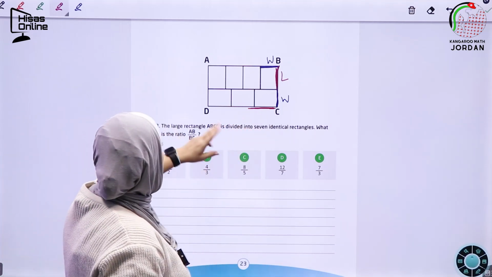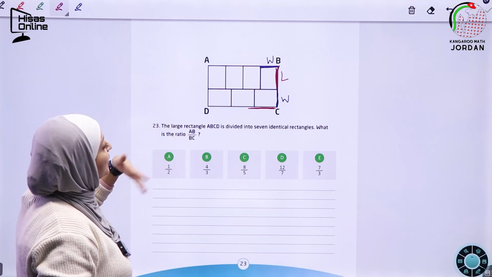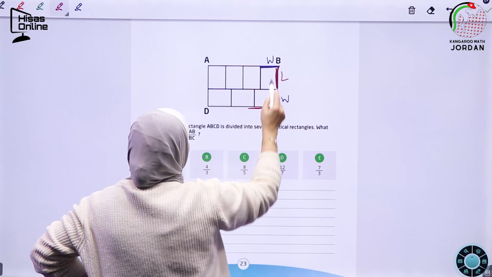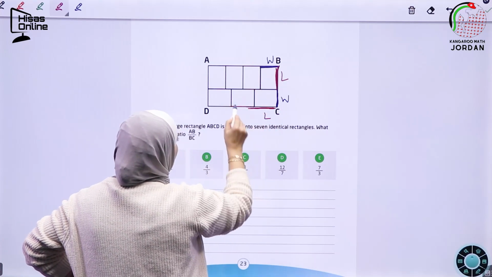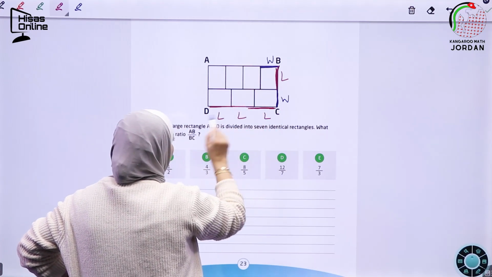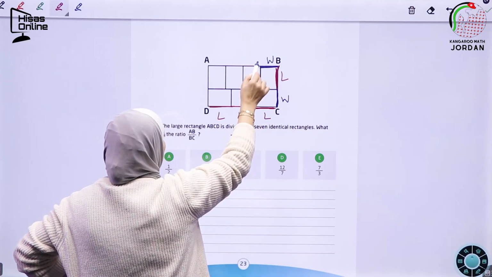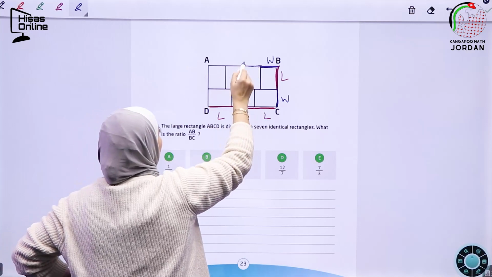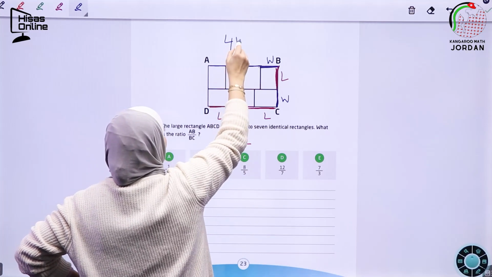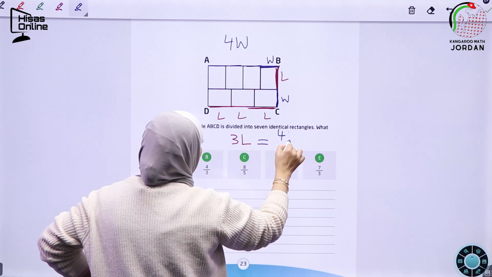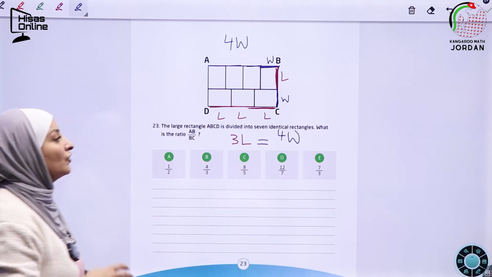Let's see the relationship between the W's and the L. This is L, 1L, length, length, so we have 3 lengths here. They are equal to 4 widths, right? So 3 length equals 4 width. This is good to start.